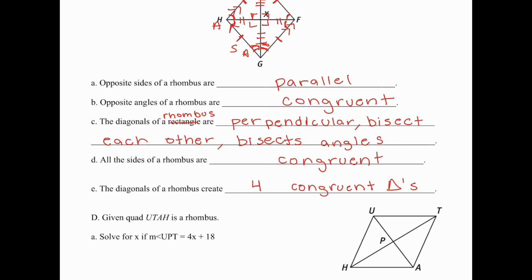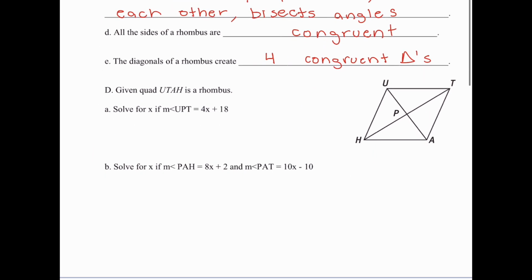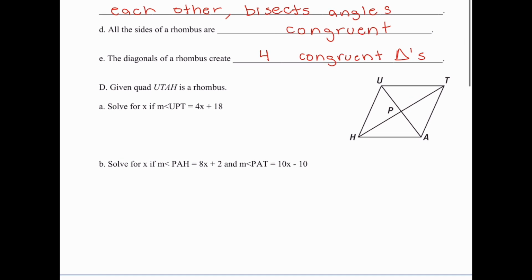Now let's try applying some of these properties. Given quad UTAH is a rhombus, solve for x if UPT, so UPT is right here, is 4x plus 18. Well, we know that the diagonals of a rhombus are perpendicular, so I know that UPT is 90 degrees.